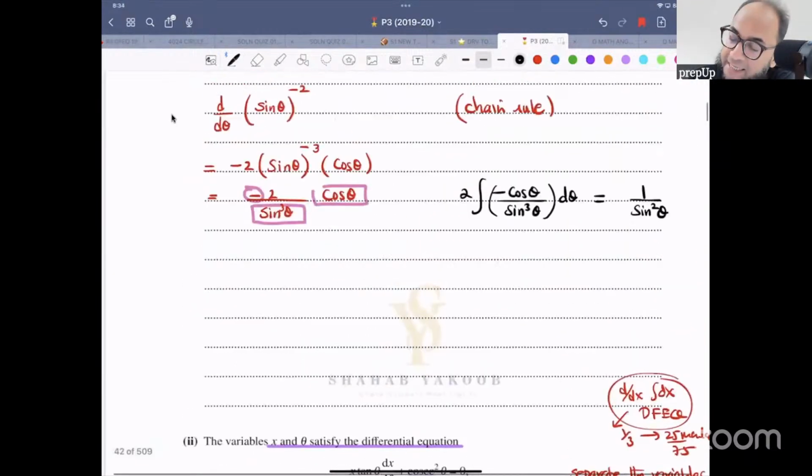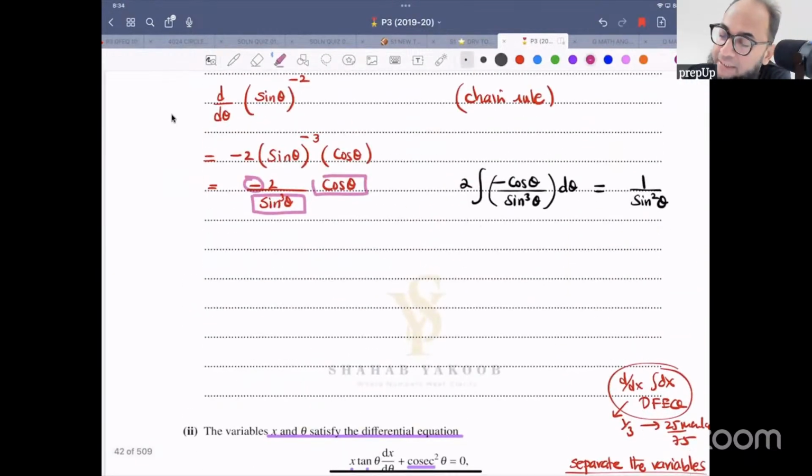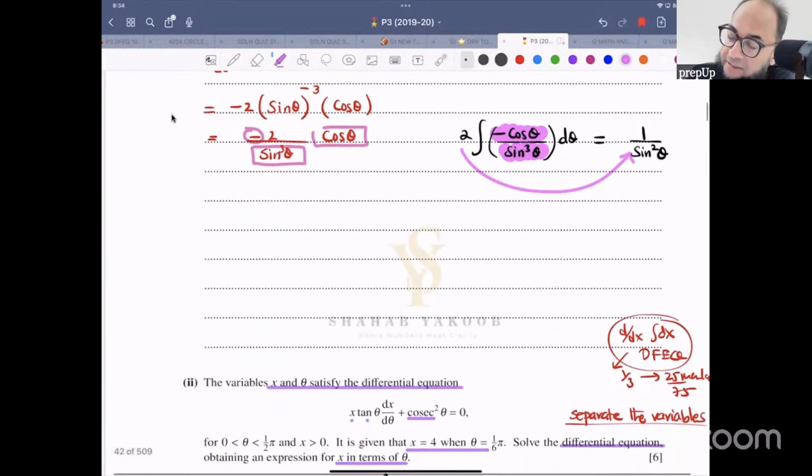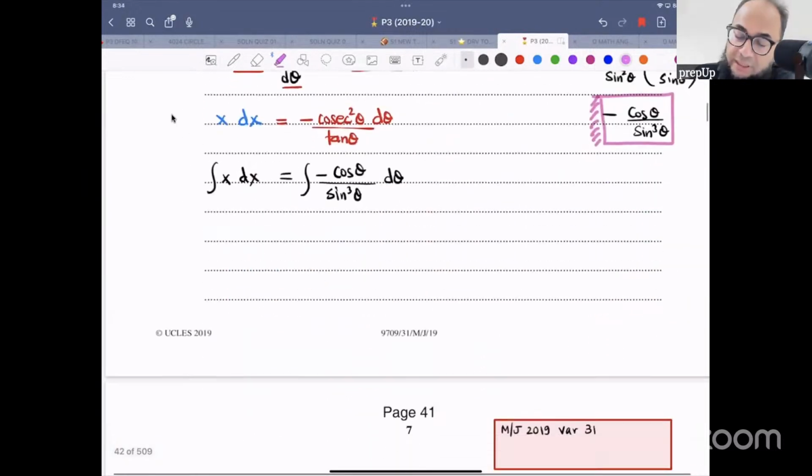Now the integral of this thing, let me shade this a little bit thicker. So now the integration of negative cos theta over sine cube theta should be, this 2 will be taken down, so that is 1 over 2 sine square theta.